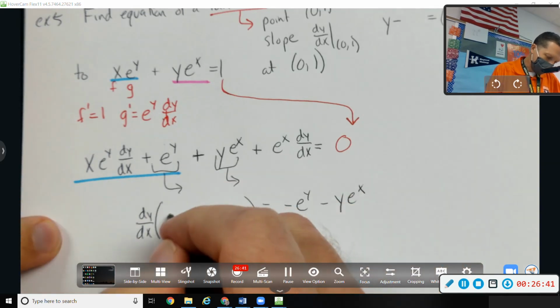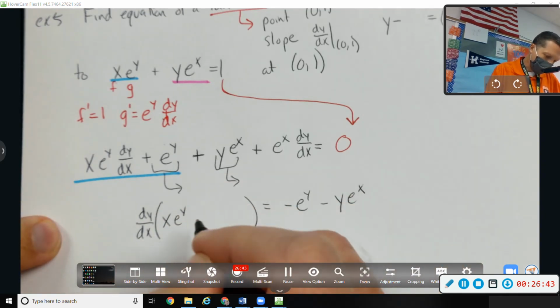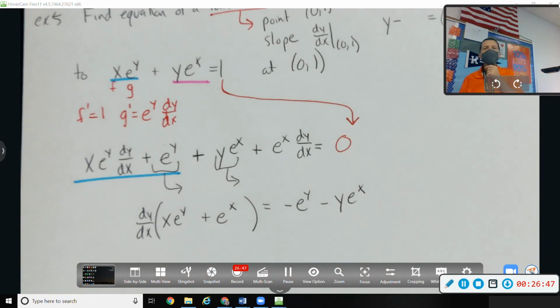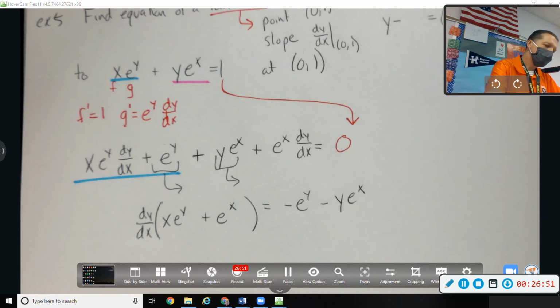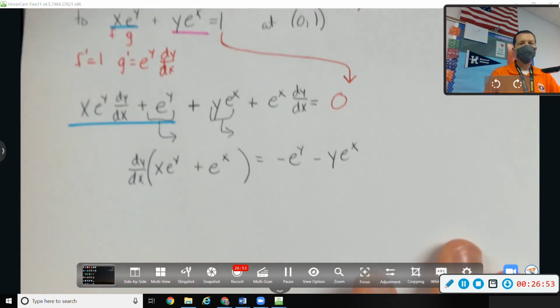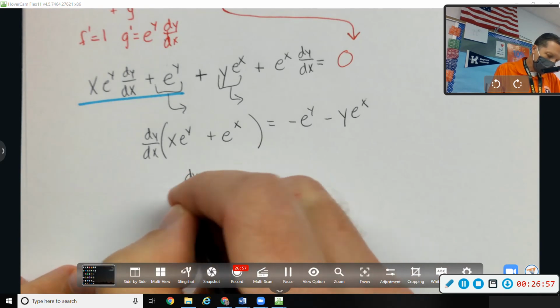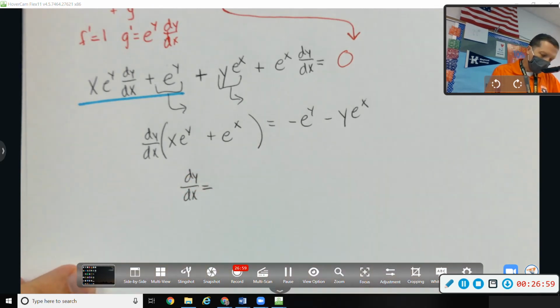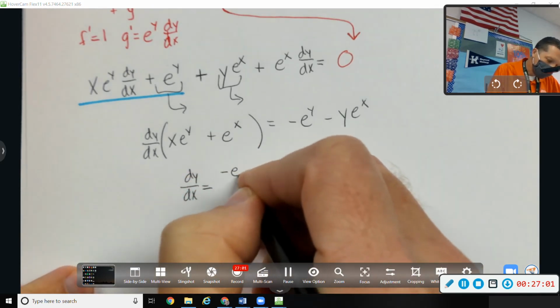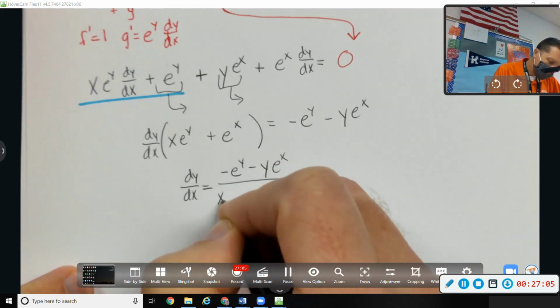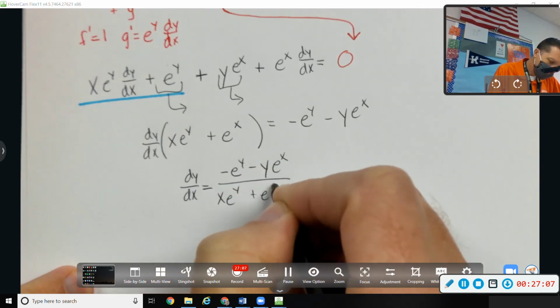So x e to the y plus e to the x. So then we'll divide it over. What a mess of a problem.